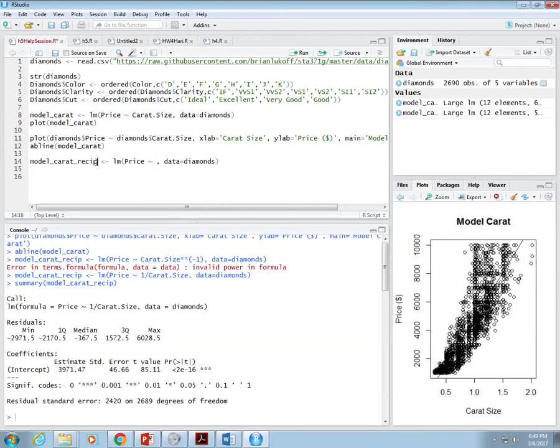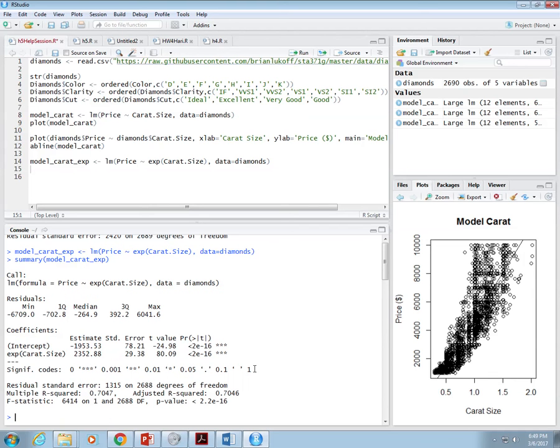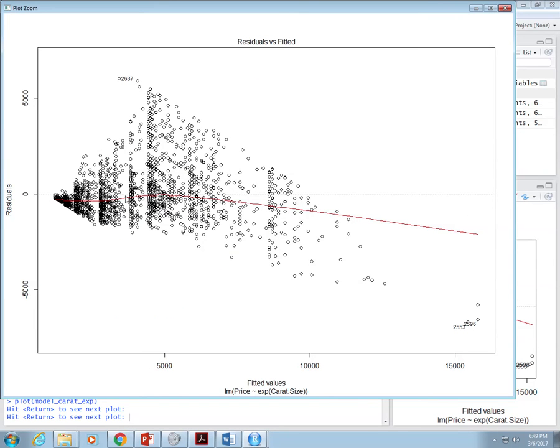So I'm going to call this exp. Price is a function of exponential carat size. They'll make the equation, and then when you try and see it, you'll see that it's not too great, because you can see this pretty bad bend here.